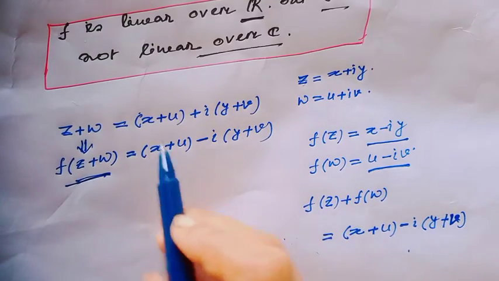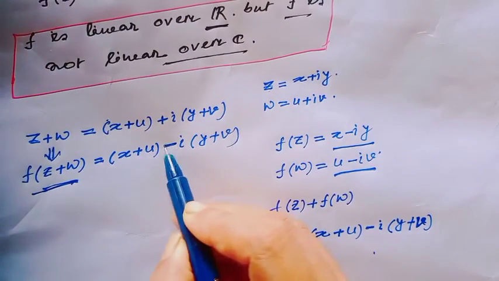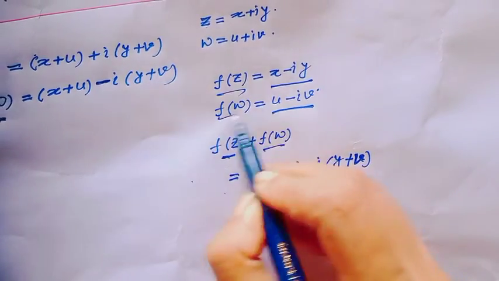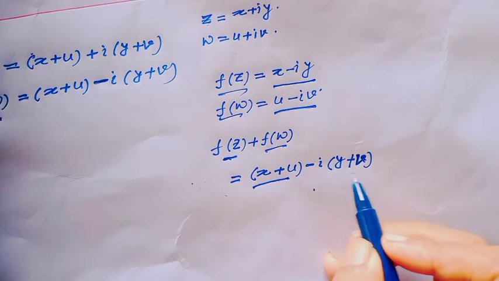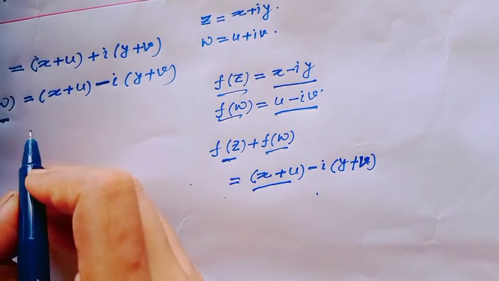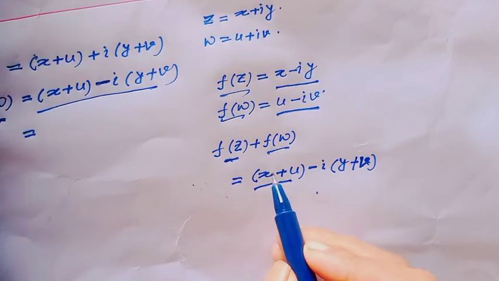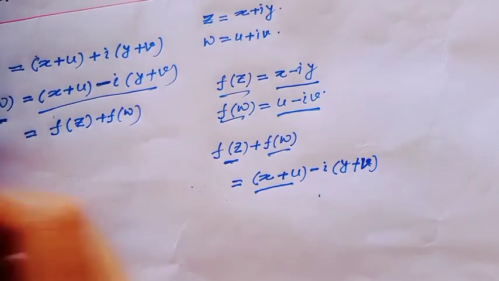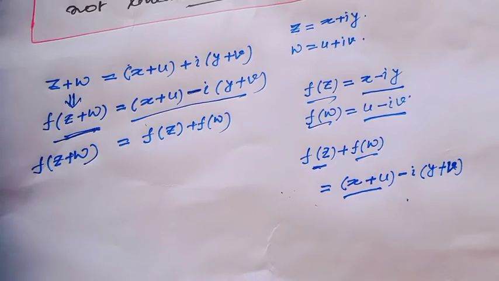Since the mapping is the conjugate mapping, here only the sign flips to minus. f of z plus f of w is (x plus u) minus i times (y plus v). That means this is similar to f(z) plus f(w). That means f of z plus w is equal to f of z plus f of w.